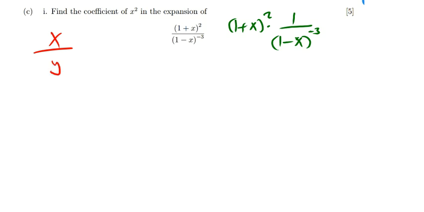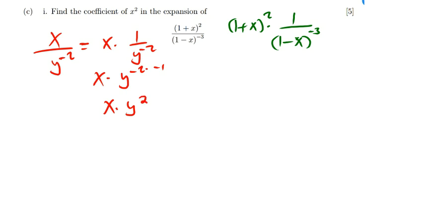If I have this negative 2, this can be written as x times 1 over y to the power negative 2. So initially this is going to be x times y to the power negative 2 times negative 1, because there's negative 1. Now negative 1 and negative 1, they'll cancel out. I'll end up having this.